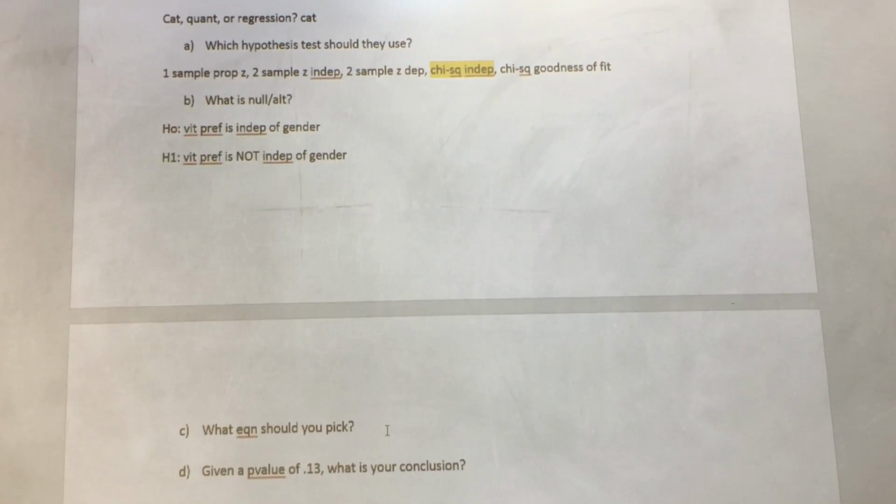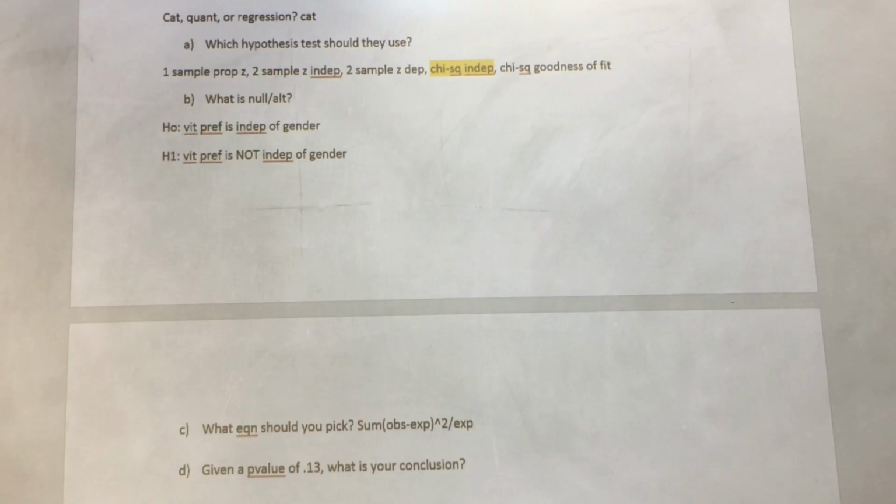The sum of observed minus expected squared over expected. Okay, plus you're going to have to figure out the expected count, right? Which is another formula. But this is all I'm asking about right here, okay? So you plug that in, you do all your work, you have real data there. You get a p-value of 0.13.